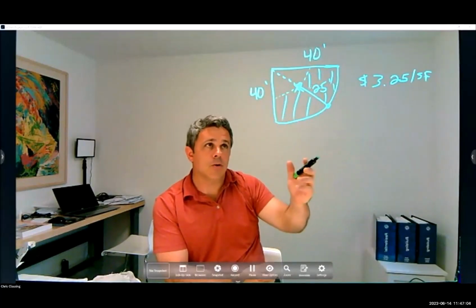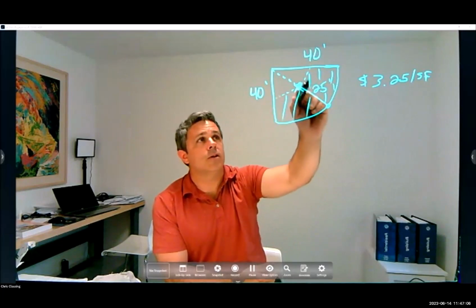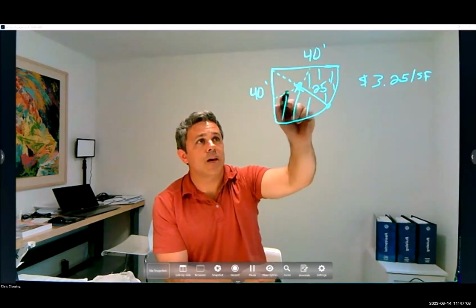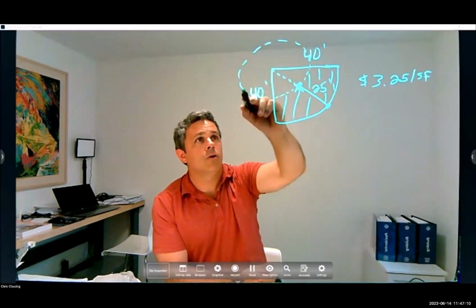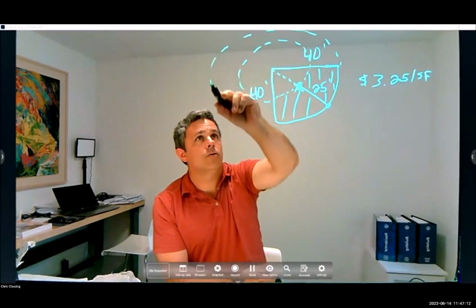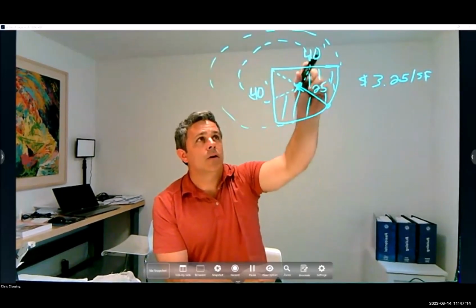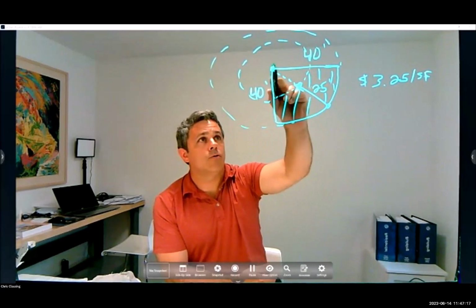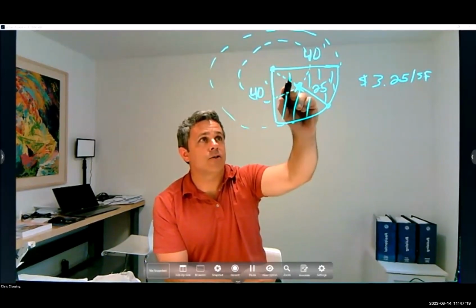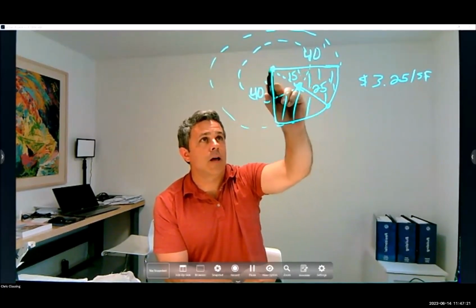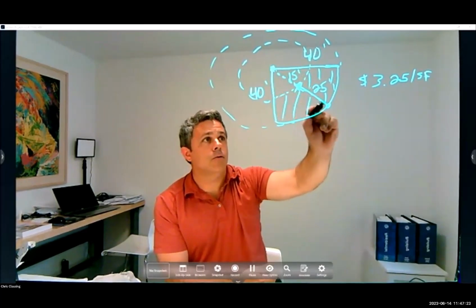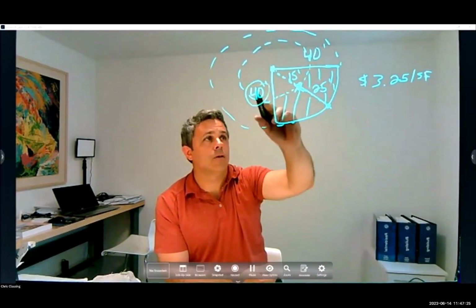That was giving them a wrong area, because the way you have to do this is to separate it out into a small circle and then a bigger circle on the outside. Your first radius for the small circle is actually 15 feet, and your radius for the big circle is actually 40 feet.